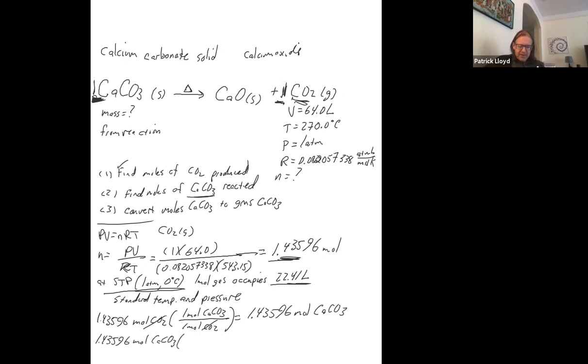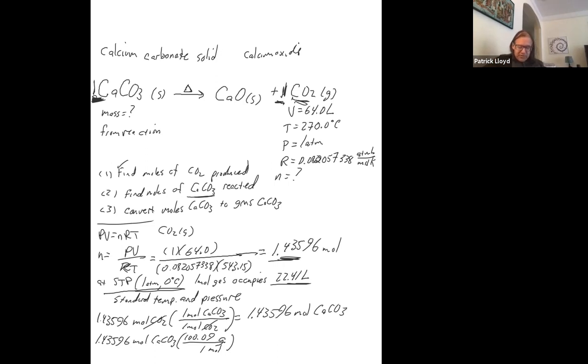I'm going to multiply by the molar mass. Calcium is 40.08. Carbon is 12.01. And then oxygen is 16, but there's 3 of them. Yeah, 100.09. Right, that's the molar mass, 100.09 grams per mole.